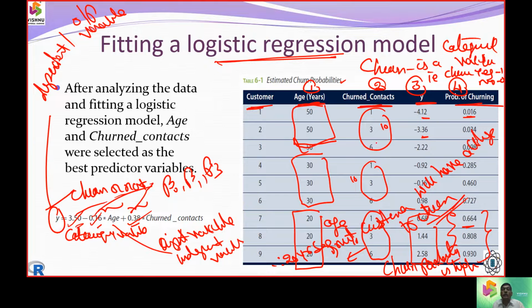So even though they have friends who have churned, their mindset was still to stay with the operator. How did you tell it? I told it because I computed a probability with the logit function, and that logit function has given a value of 0.16, which is almost nearer to zero.